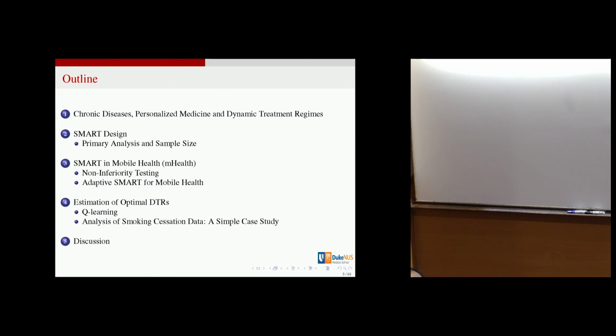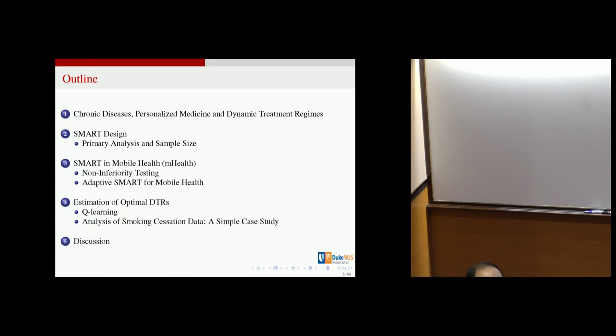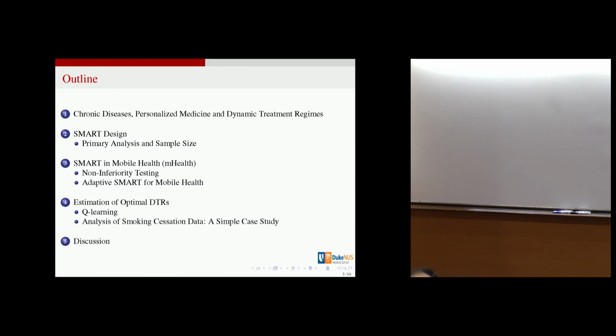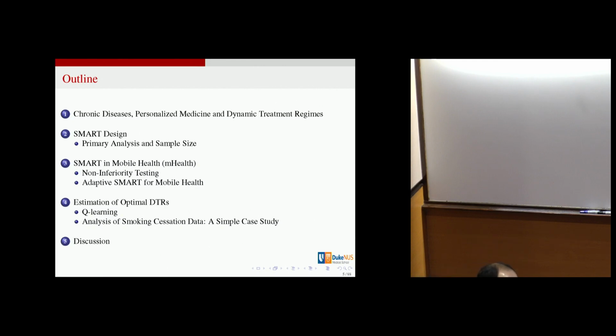And in reinforcement learning terminology, you might call it fitted Q iteration, as opposed to the traditional fitted value iteration kind of methodology, as opposed to Q-learning per se. Q-learning in the reinforcement learning literature is reserved for those more non-parametric and infinite horizon kinds of settings, which is not what we will be talking about. So just managing your expectations here, it will be slightly different from the traditional Q-learning that you might see in the reinforcement learning literature.